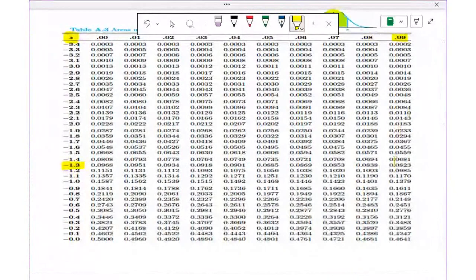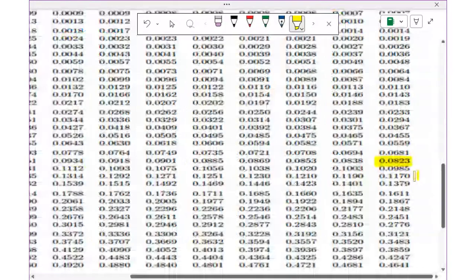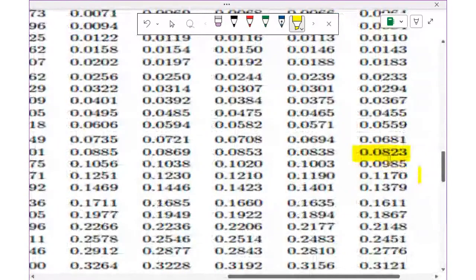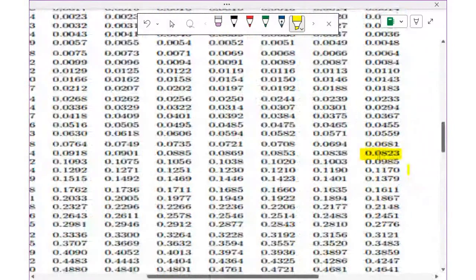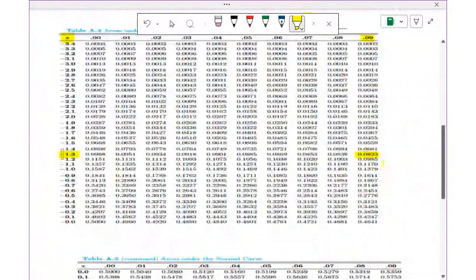So if I match here, this row, this column, this value is coming out 0.0823. So this is the area which is on the left side of minus 1.39.